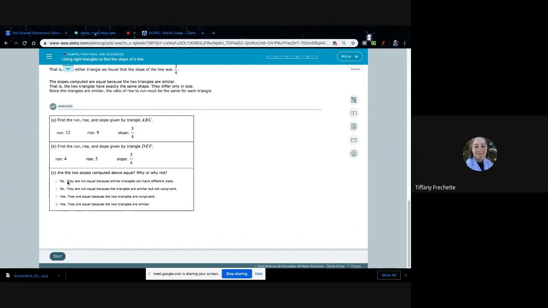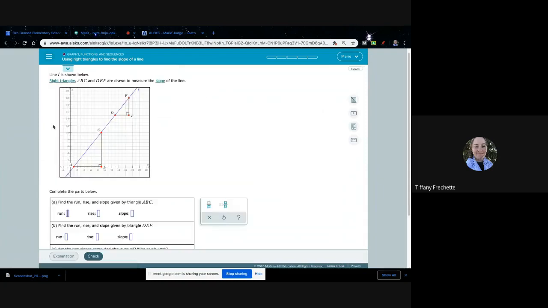Or no, they are not equal because similar triangles can have different sizes. Or no, they are not equal because triangles are similar but not congruent. There's a couple reasons for no on here, so we'll get to those when we come to them, but you just need to decide yes or no. Were the two the same? And they were. Then make sure we choose the correct one.